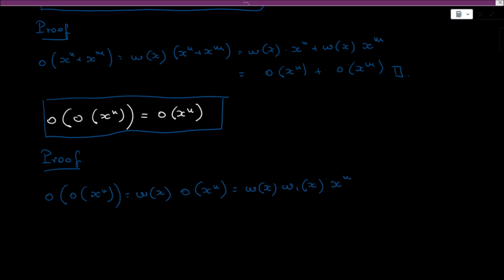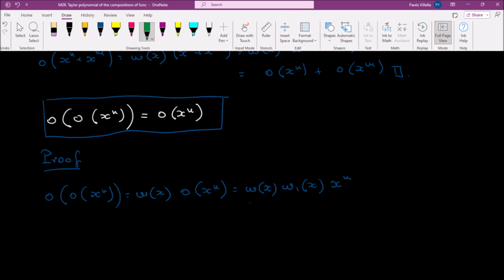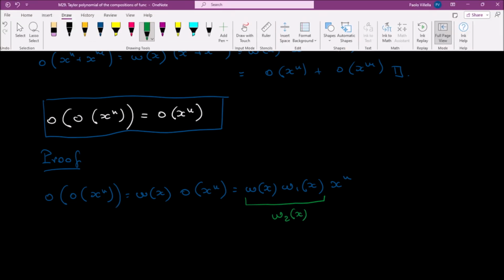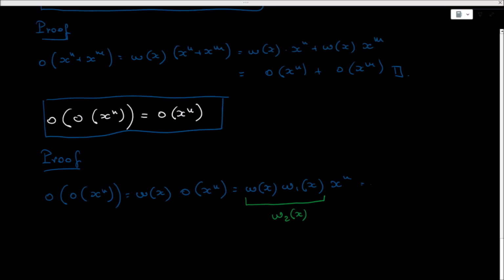And we see now that this product is nothing else than some omega 2 of x that goes to 0. So we can rewrite this simply as little o of x to the n, which is what we wanted to prove.